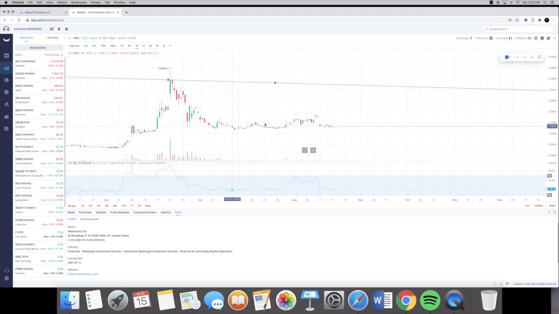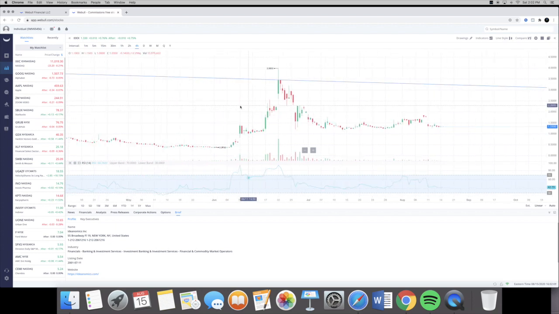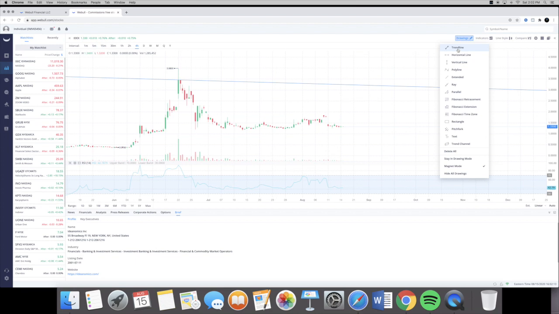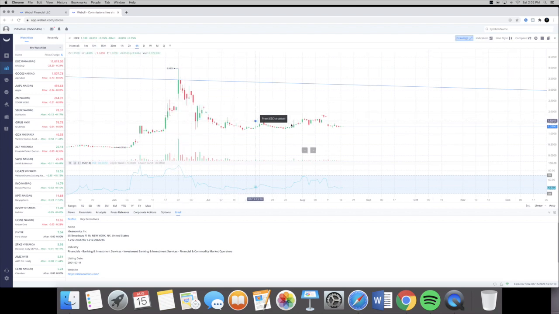Based on that, I can keep working out where my resistance line and support line are going to be. You can draw as many as you want, but we don't need to worry about it right now. If you know what you're doing, you can draw the lines and keep playing with that. Again, all this I'm doing right here in real life. You can also do it during paper trading.